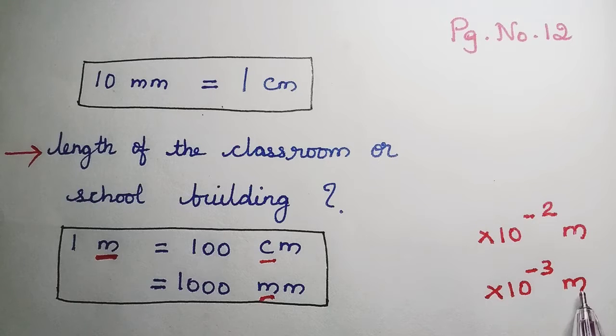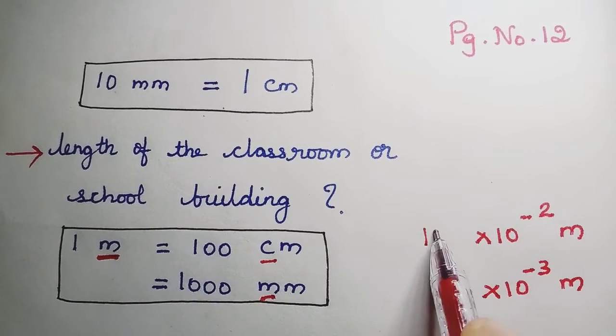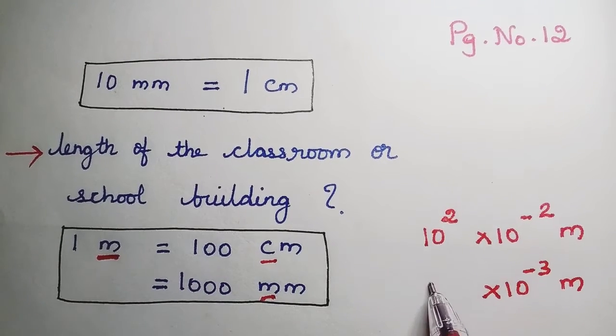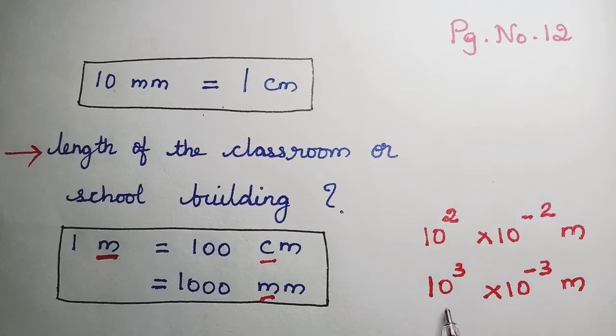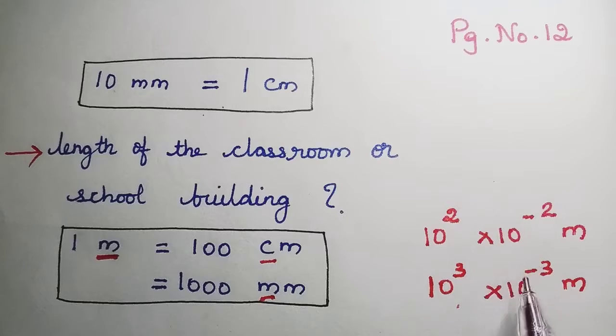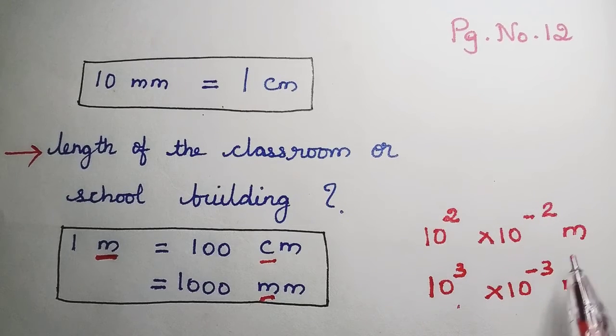Now here you can substitute this 100. 100 means it is 10 to the power 2, correct? 2 zeros, so 10 to the power 2. 1000 means it is 10 to the power 3, right? 3 zeros, so it is 10 to the power 3. Now when you cancel, 10 to the power 2 into 10 to the power minus 2 gives 1 meter, right? Both get cancelled and you will get 1 meter.